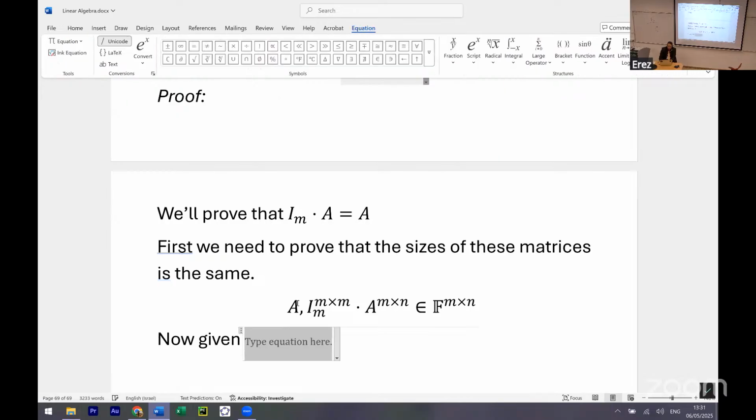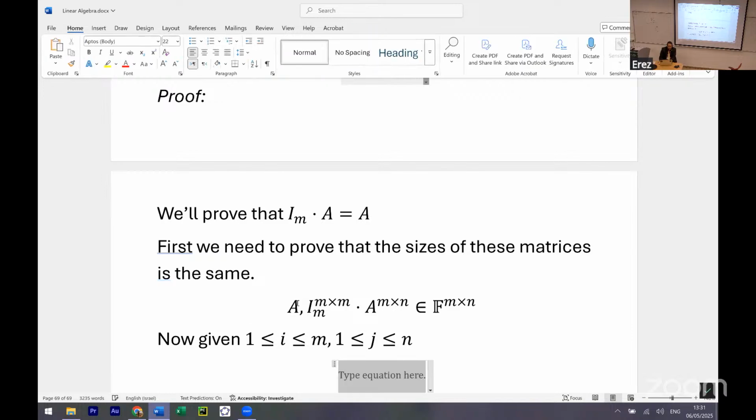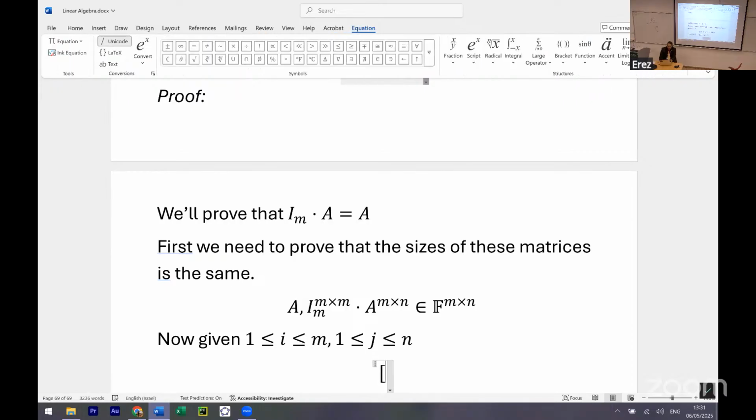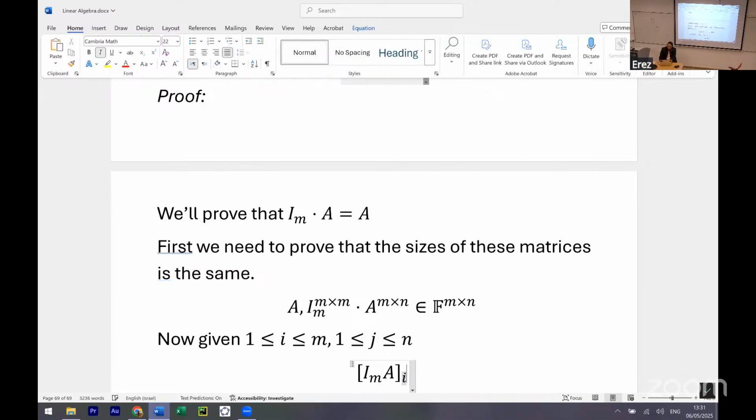given i between 1 and m, and j between 1 and n, what is the element of I_m A at the place ij?